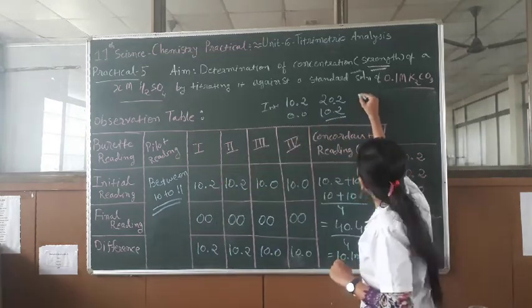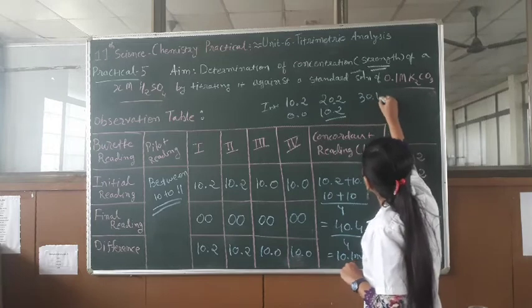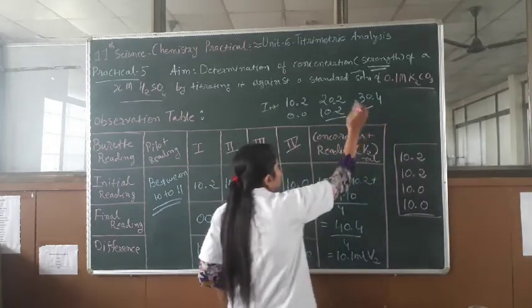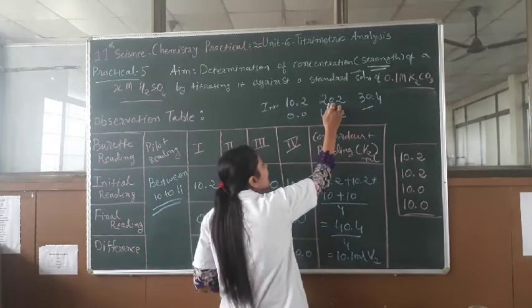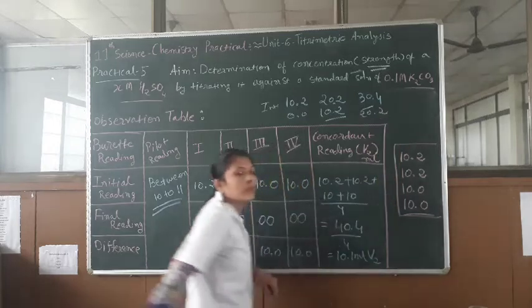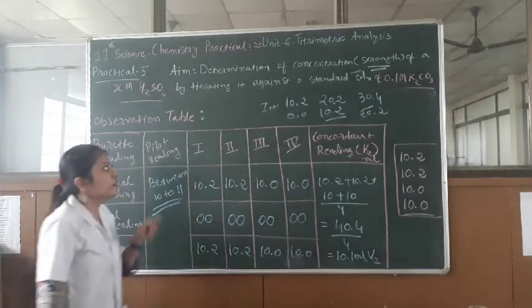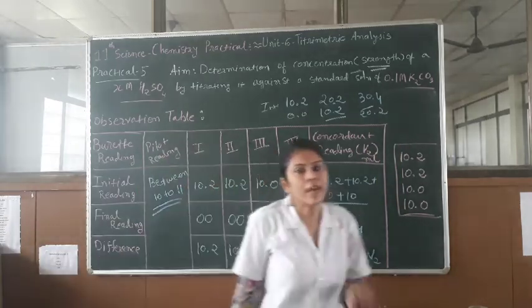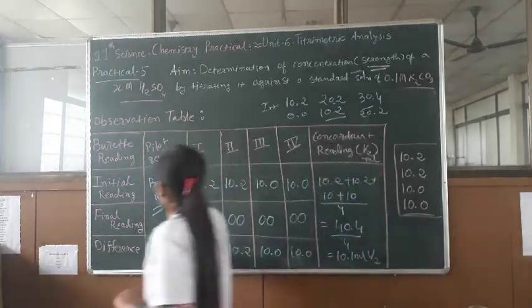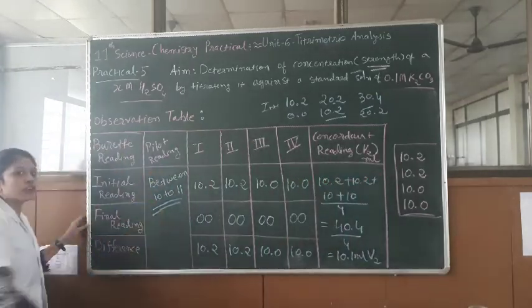Suppose our third reading is 30.4; we have continued from the second reading, so we write 20.2. Understood? If you do not understand, you can message me and call me. I will teach you. So here we have completed the observation table.